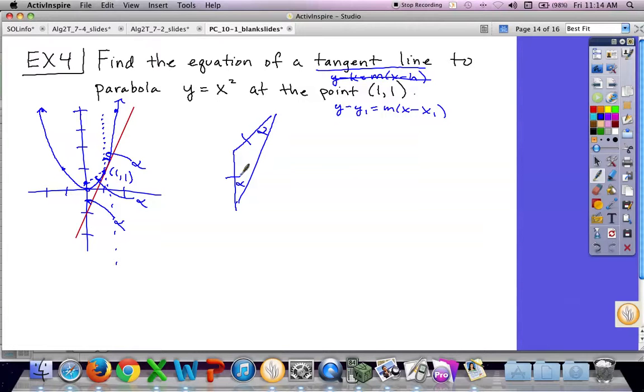So let's see. We know what this point is. That's (1, 1). Can we figure out what the focus is? We know what the vertex is, don't we? The vertex is right there. That is (0, 0). So couldn't we find the P based on this equation right here?